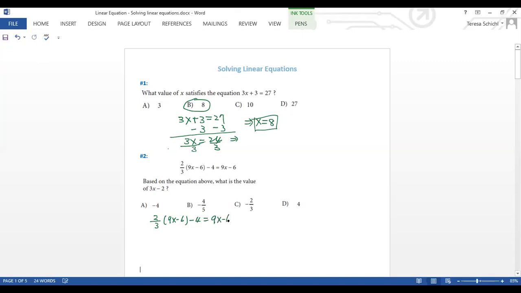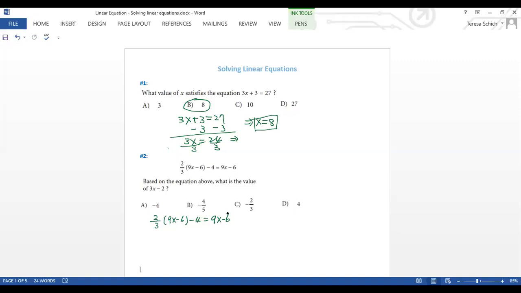Typically, just like when we solve a system of equations, I think the easiest way we can do is get rid of the fractions.